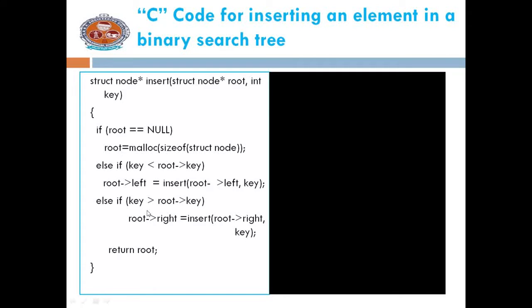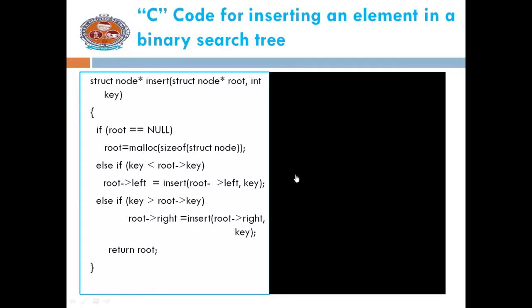Else if key is greater than root arrow of data, that means the newly inserted key is greater than the root's key, we have to traverse towards the right: root arrow of right equals insert root arrow of right comma key. After performing all these operations, at the end we return the root value.